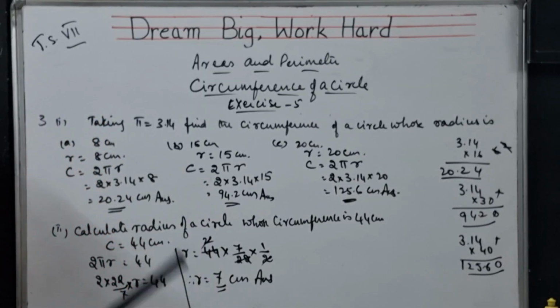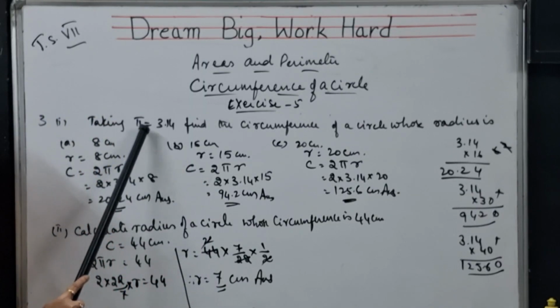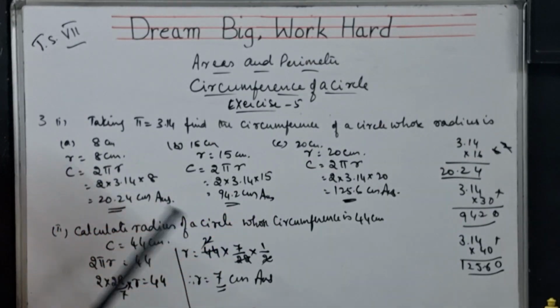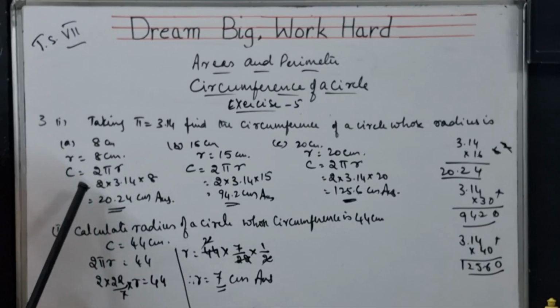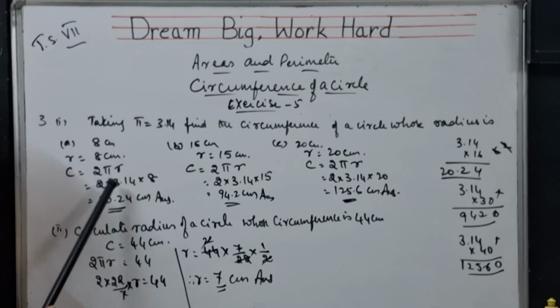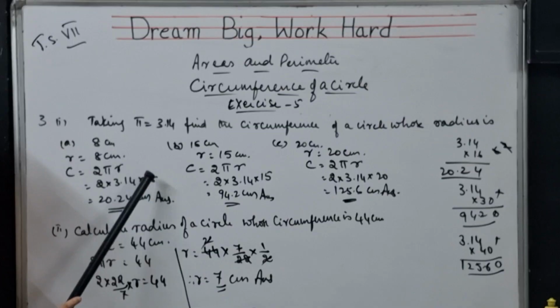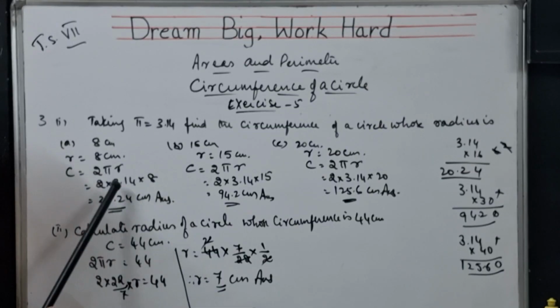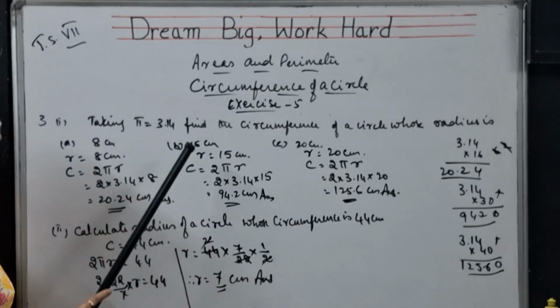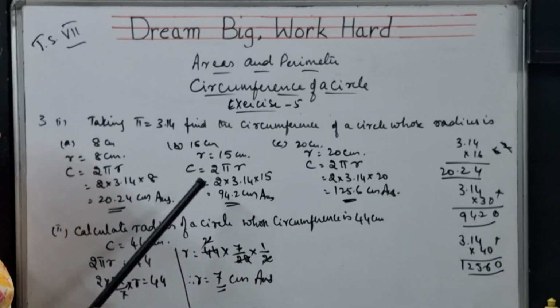So let us see once again. First bit they have asked you to take pi as 3.14. By using 3.14 and they have given radius, you need to find out the circumference. So circumference is 2 pi r, 2 into 3.14 into 8, 8 2s are 16, 16 into 3.14 is 20.24 centimeters. Another one, radius is 15.